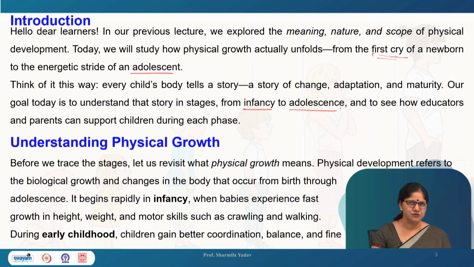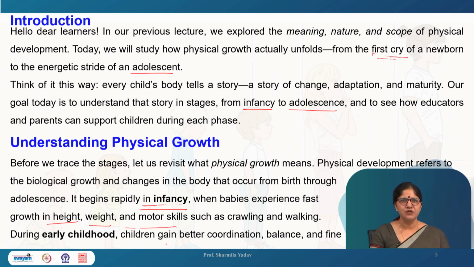Understanding physical growth. Before we trace the stages, let us revisit what physical growth means. Physical development refers to the biological growth and changes in the body that occur from birth through adolescence. It begins rapidly during infancy when babies experience fast growth in height, weight and motor skills such as crawling and walking.